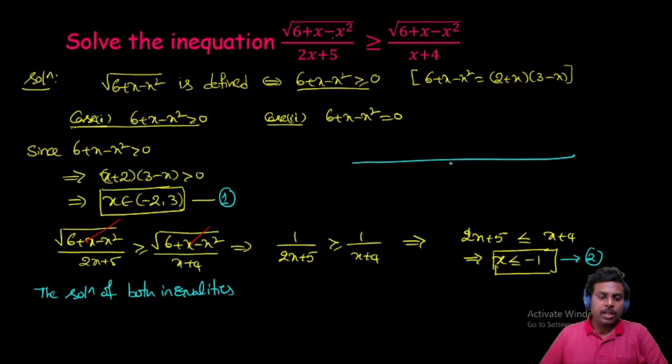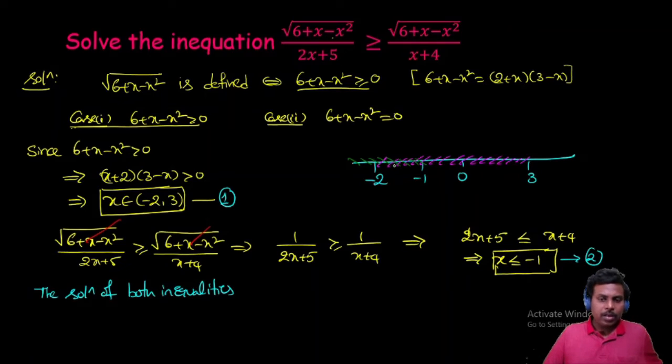Let me draw a real line indicating these numbers. This is 0, let us say. This is minus 1, and here you have minus 2, and here you have 3 actually. Now let us indicate the solution minus 2 to 3. So minus 2 to 3 means, so this region I am shading it. Okay. Now x is less than or equal to minus 1. X is less than or equal to minus 1 means it is this portion.